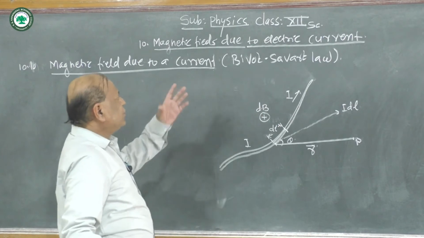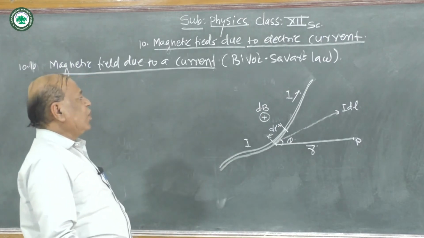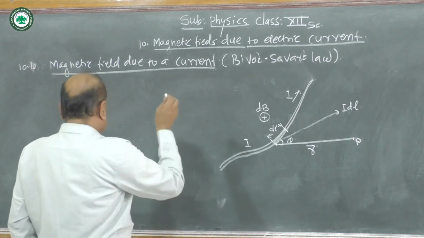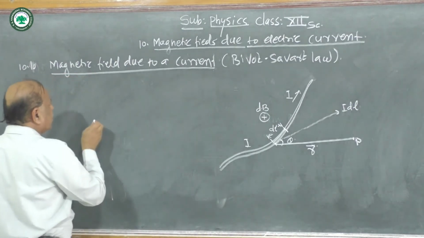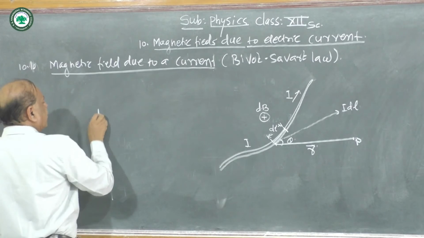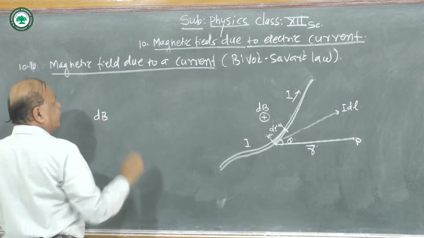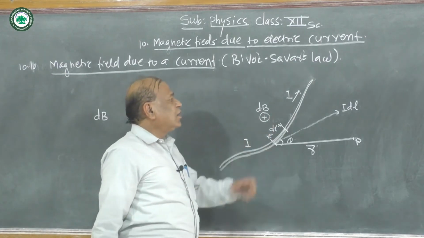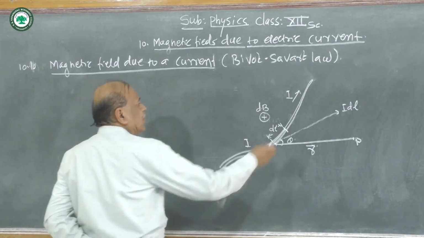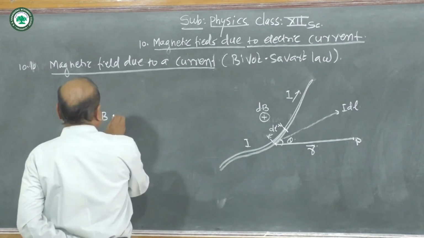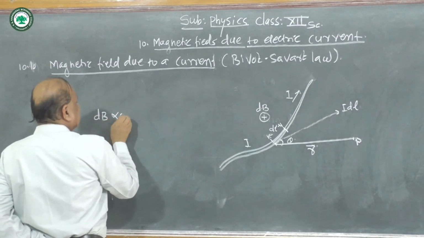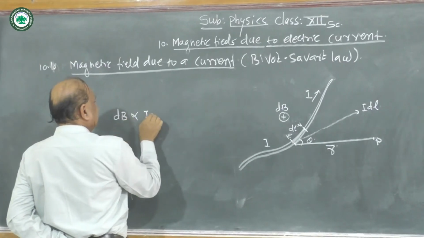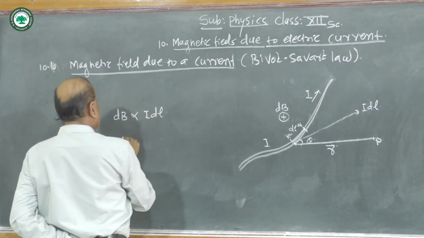Now this Biot-Savart law shows that the magnitude of the magnetic field produced by the current element I dl is directly proportional to I dl.